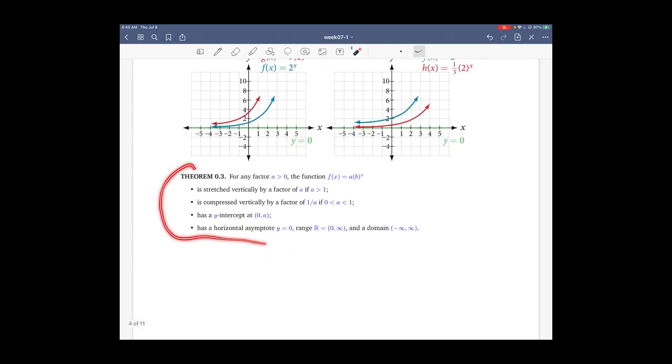This theorem at the end of the page summarizes all these conclusions. Suppose we're looking at the function a times b to the power x.